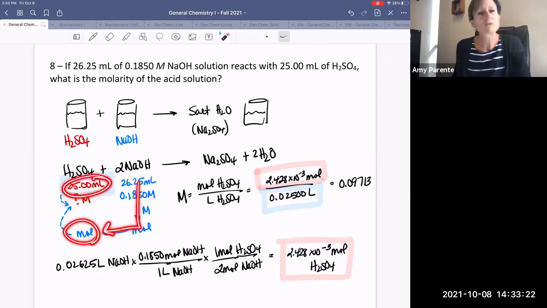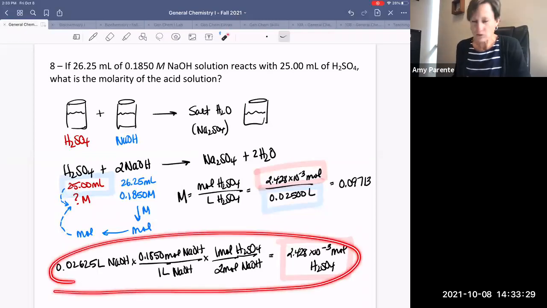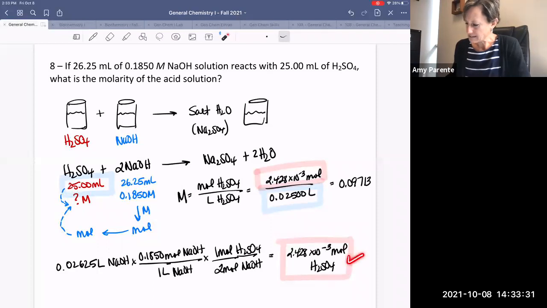The denominator was provided for us in the problem. So going through the math to get the number of moles of sulfuric acid, that's this guy here. Then to solve this problem, we take that number of moles and put it over the volume of sulfuric acid that's provided. And we do need to convert that into liters.